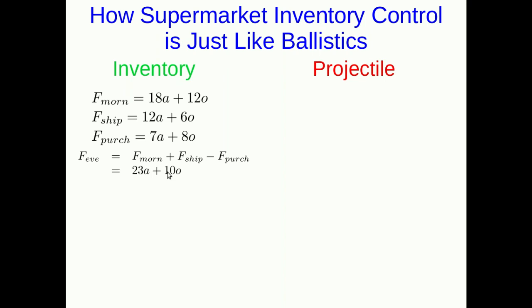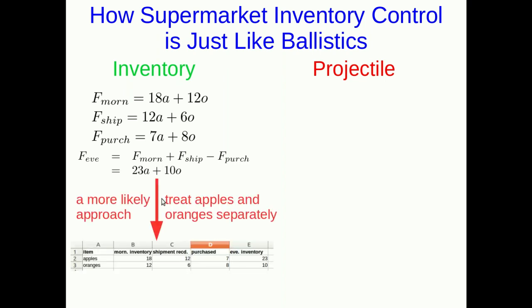Right? Simple. Well, only a physicist or a similarly ridiculous person would ever think to do it this way, treating the apples and the oranges together in one equation. It's much more likely that the apples and oranges would be tracked separately in a spreadsheet or some inventory control program that does this automatically, looking at UPC codes or whatever, right?